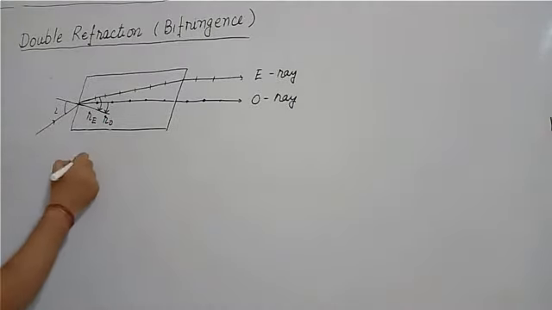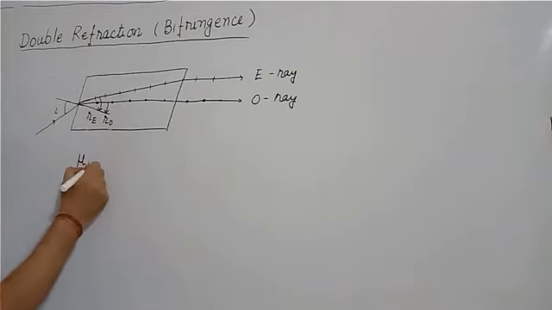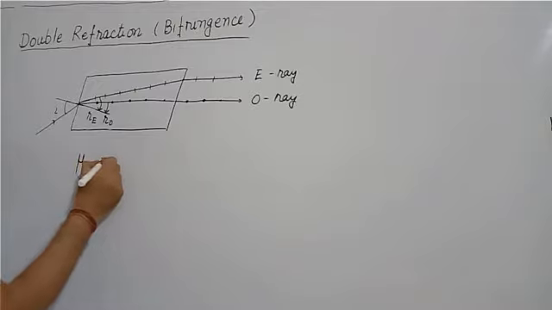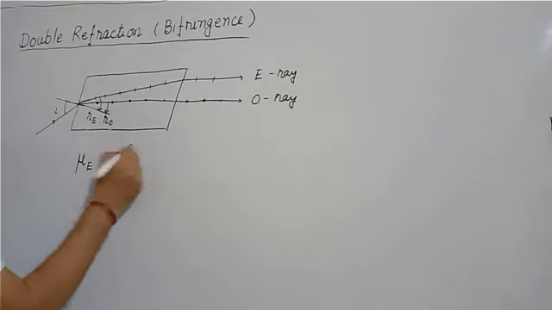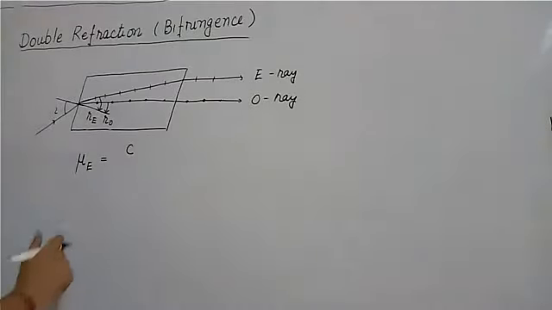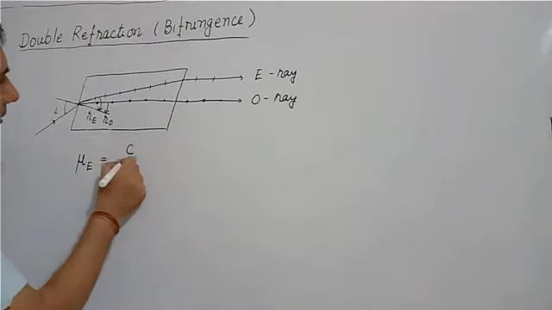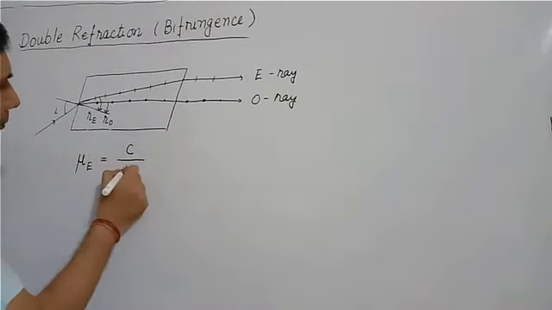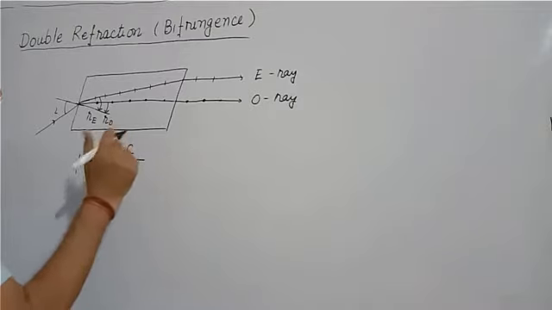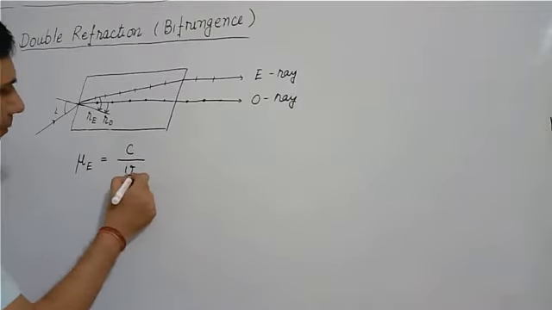So refractive index of this material corresponding to E ray will be equal to the velocity of light in free space, that is represented by c, divided by the maximum velocity of E ray in the medium, suppose Ve.